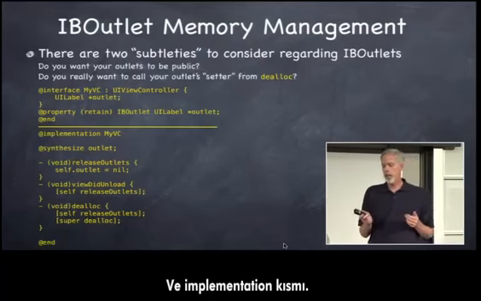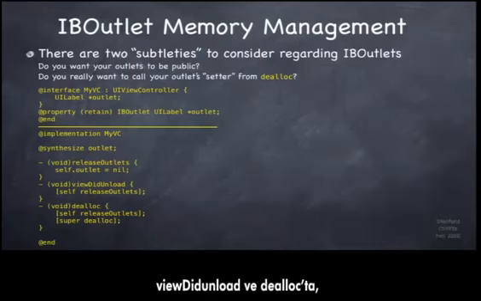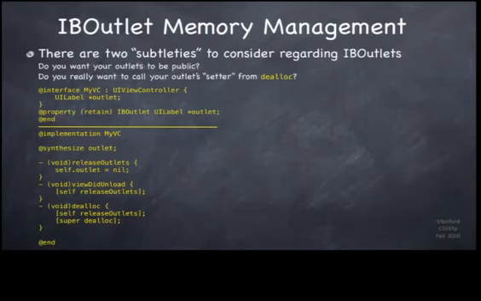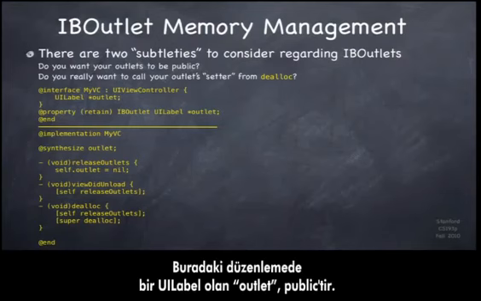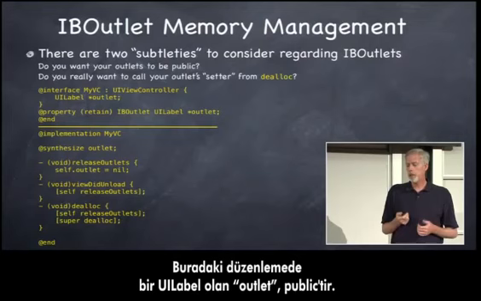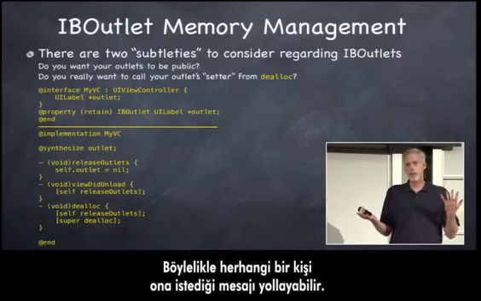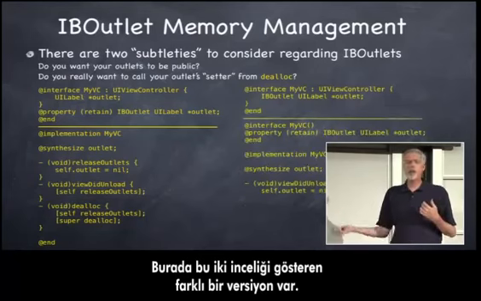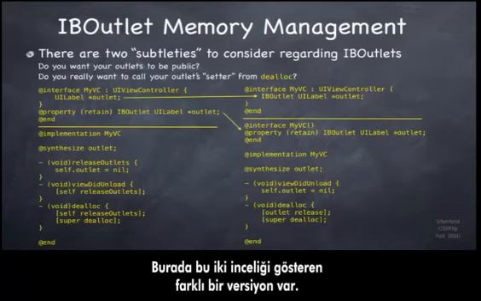And then in our implementation, so in viewDidUnload and in dealloc, we call this helper method that we made up called releaseOutlets that does self.outlet equals nil. Now, in this arrangement, you can see that our outlet called outlet, which is UILabel, is public. So anybody could send a message to it to do whatever they wanted. That's not so good.